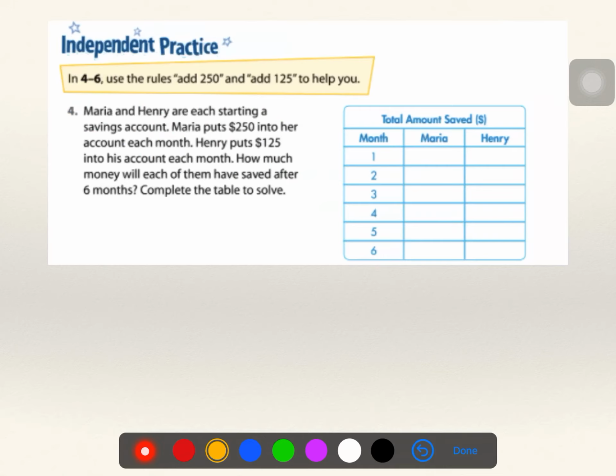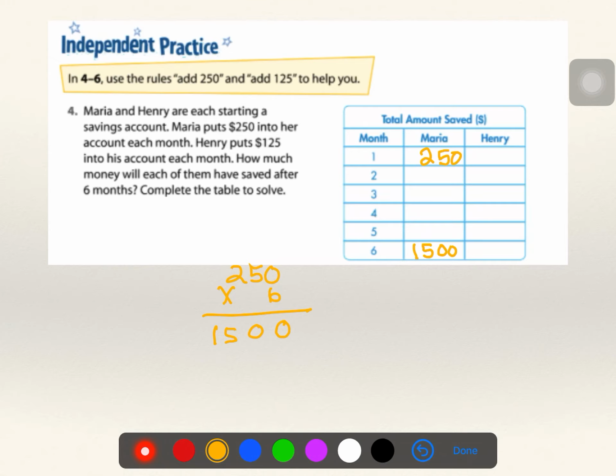Yep, after 6 months, if Maria's putting $250 in, and I know that 250 times 6 would give me a very easy answer of $1,500, you could go ahead and fill out the whole week 2, 3, 4, and 5, but you don't need to answer this question.